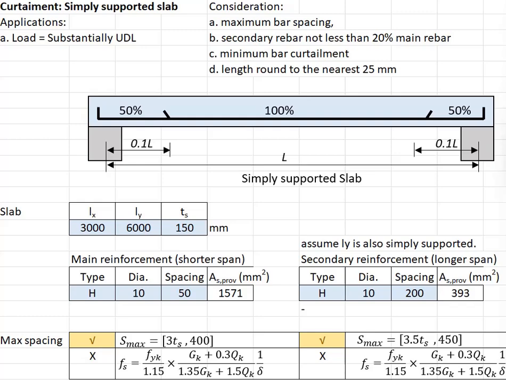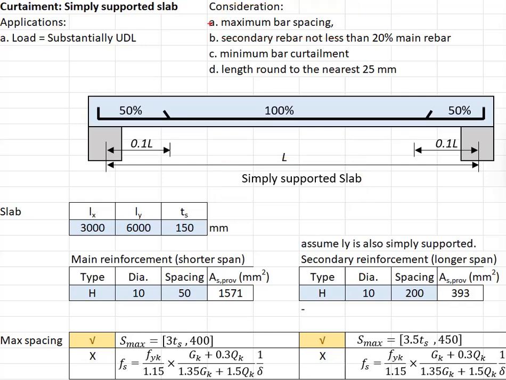Due to the large cross-sectional area, the slab is normally lightly reinforced. Therefore, the issue with the minimum bar spacing does not appear, but there may be an issue with the maximum bar spacing. That's why for simply supported slab, you need to consider the maximum bar spacing.